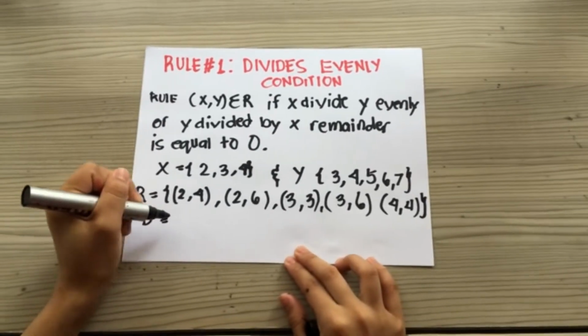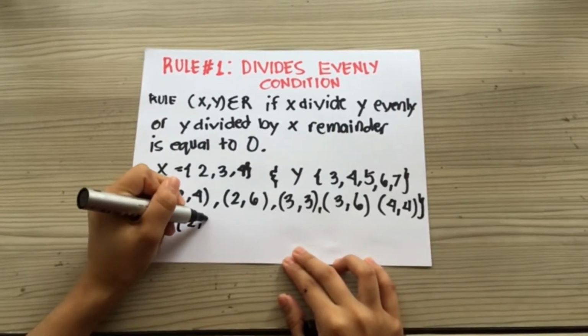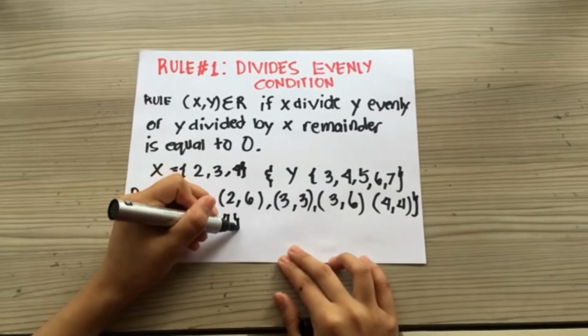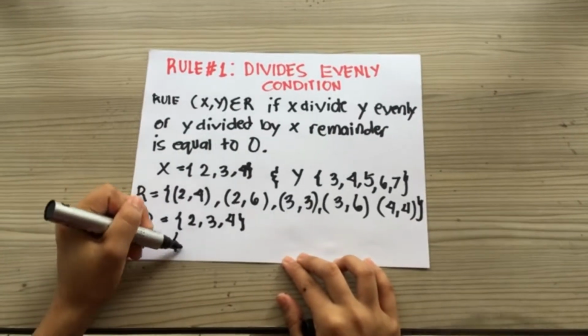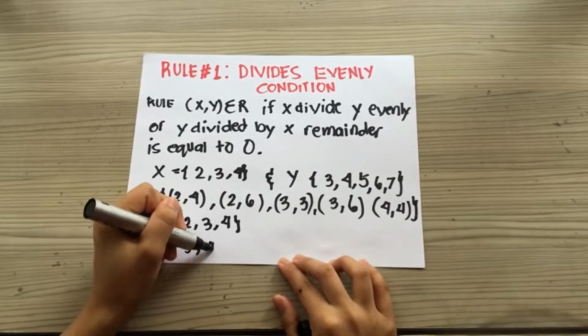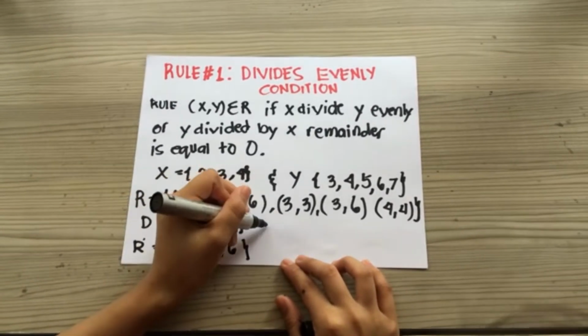The domain for this relation is the set 2, 3, and 4, and the range for the relation is 3, 4, and 6.